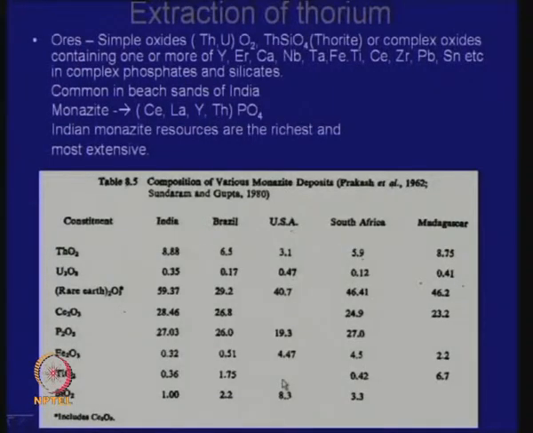Okay. Now, we will come to thorium. Now, thorium has other uses. It can go in for making ceramics. It could have some alloying applications, but we are looking at it from the point of view of nuclear metallurgy.